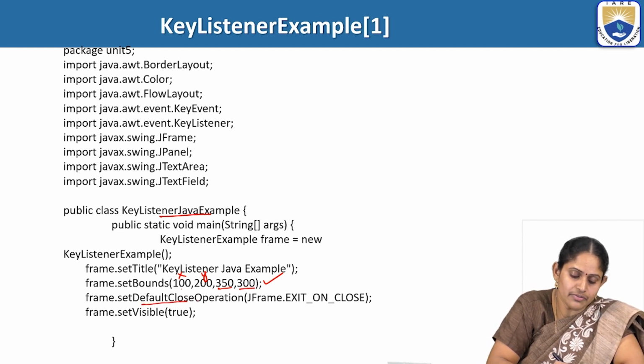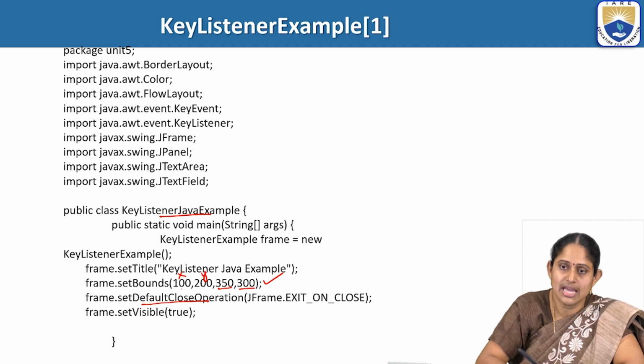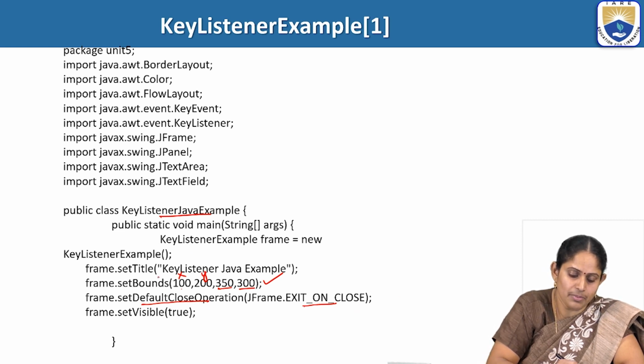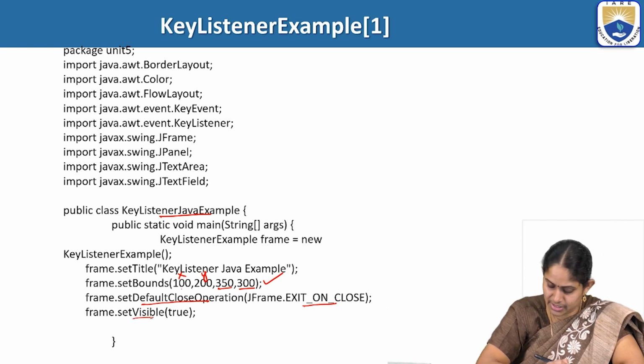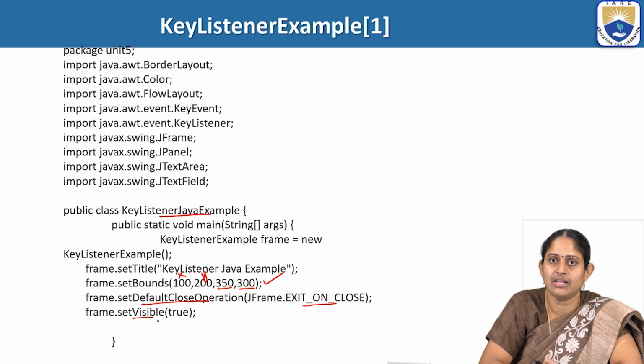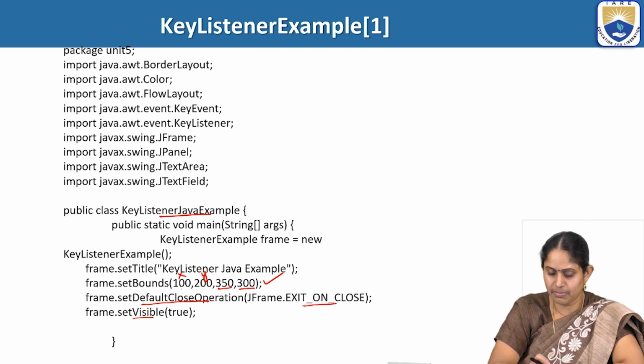Here we are also defining the default close operation to exit on close. So when the window's close button is pressed, it will close that window, and we are setting the visibility to true so that the frame will be visible to us. If we set it to false, then that frame will not be visible.